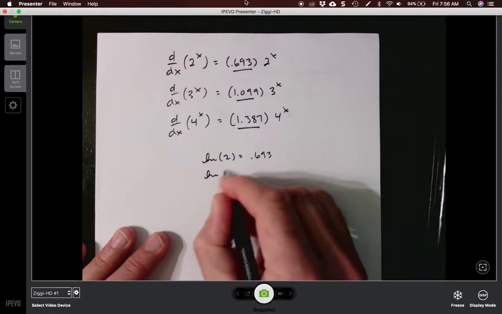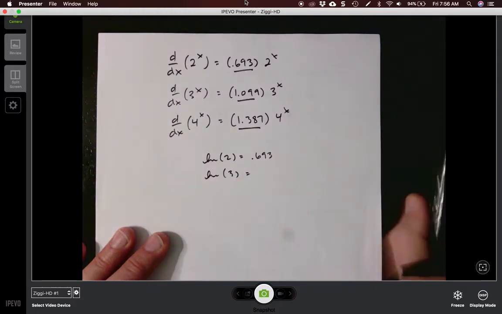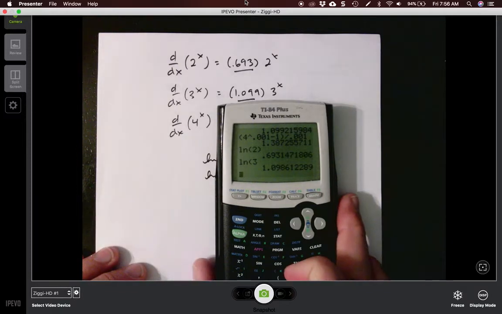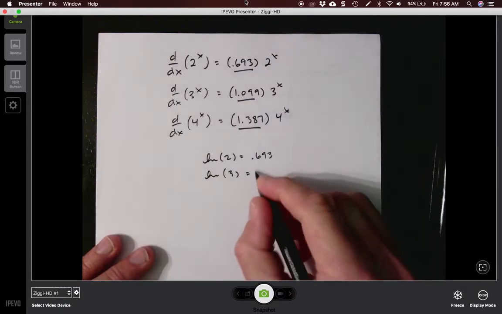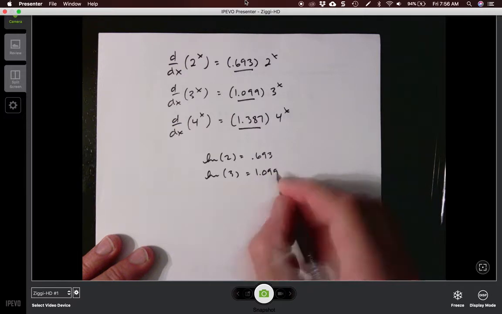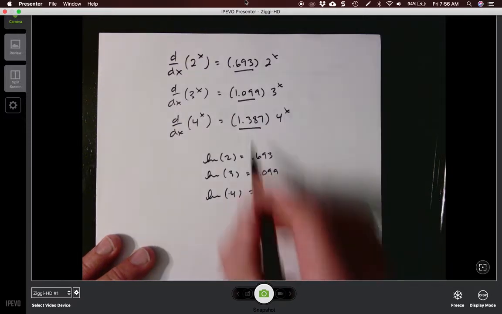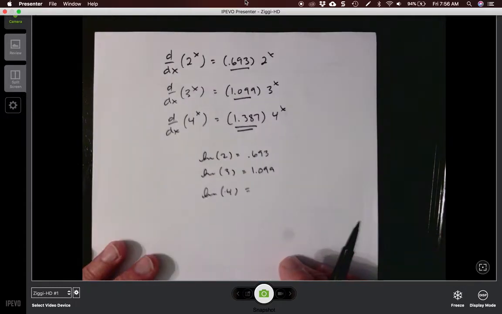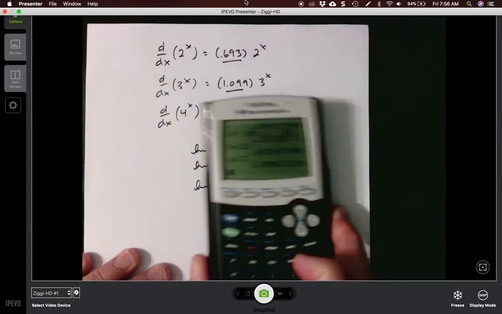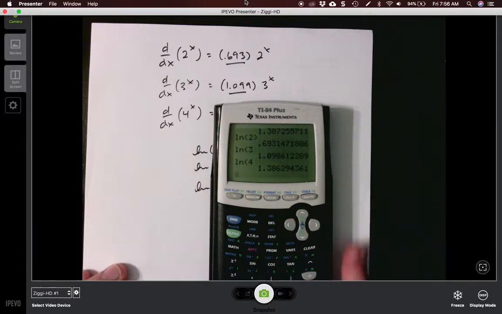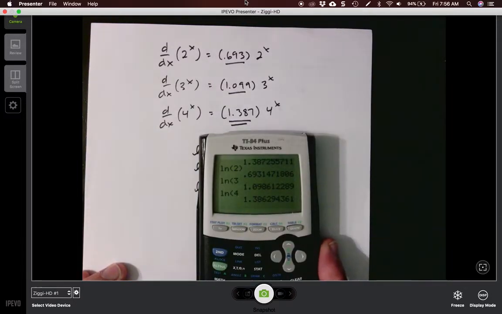And if you take the natural log of 3, the natural log of 3 is 1.099. And if you take the natural log of 4, I think you're going to anticipate that it's going to be that number. All right, let's try it. Natural log of 4 is 1.386, or 387.